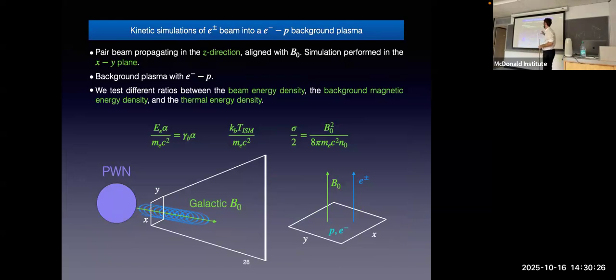Here it is full particle-in-cell, so I'm modeling both the particles of the beam and the particles of the background. I think the next step is what people have been working on in the past few years, called MHD-PIC, in which you treat your background as a fluid, so you don't need to move those particles, and you save a lot. You just need to move your cosmic rays, which are your energetic beam.